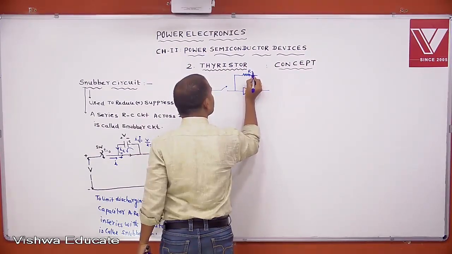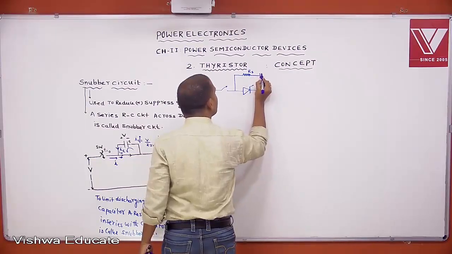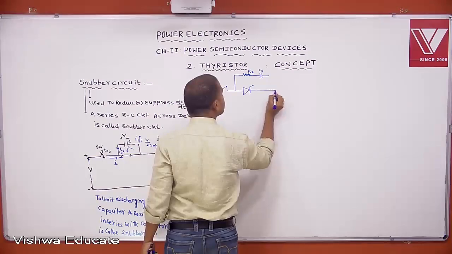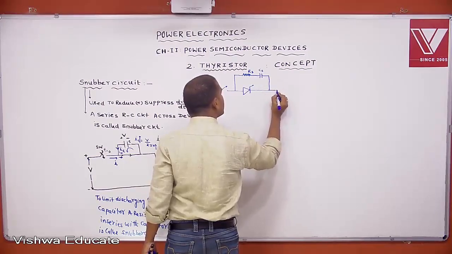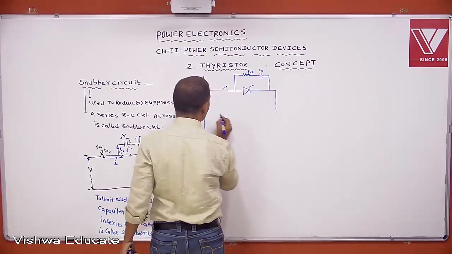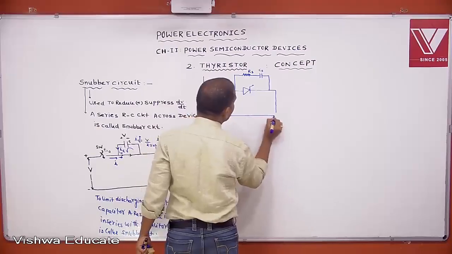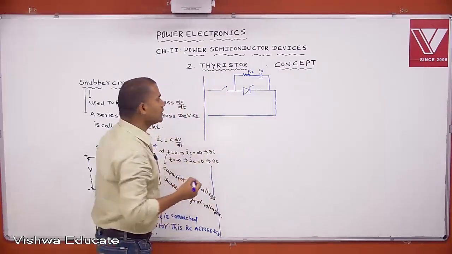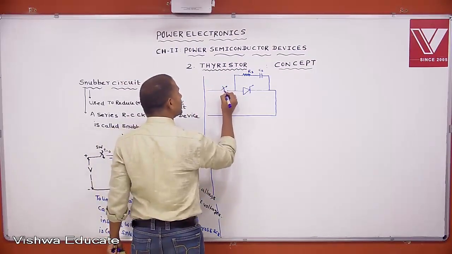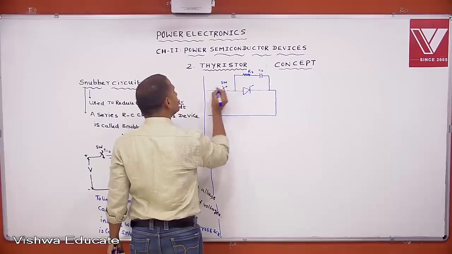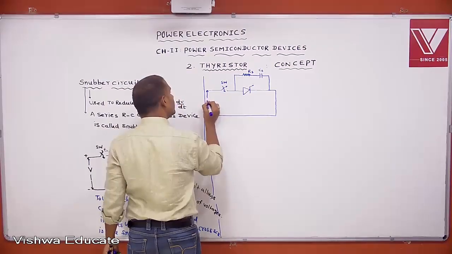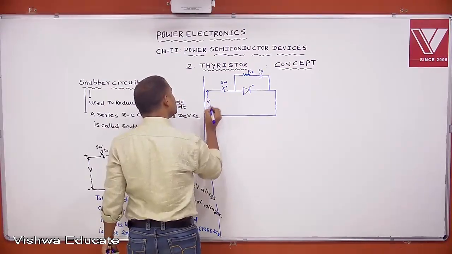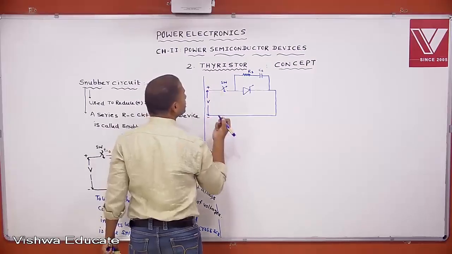RS is the snubber circuit resistance. Let CS be the snubber circuit capacitance. This RS and CS combination is called the snubber circuit. Let this be a switch arrangement, and the supply voltage is V. This is positive.